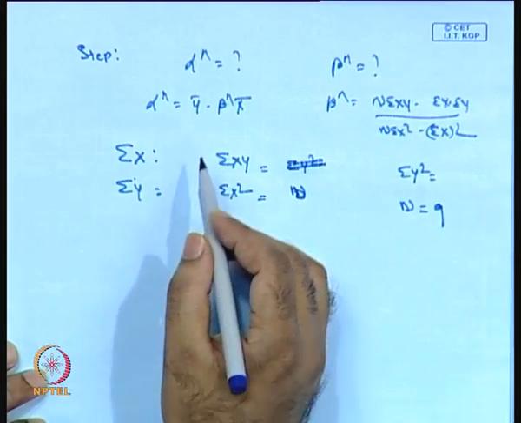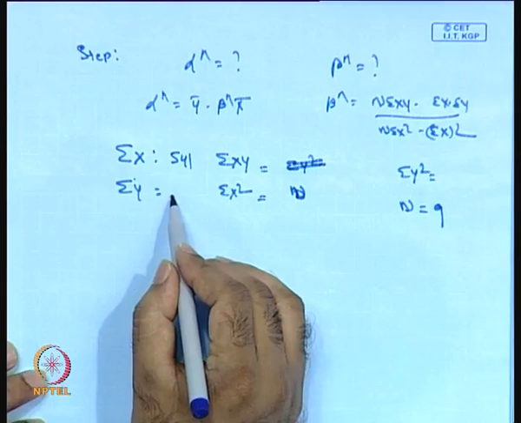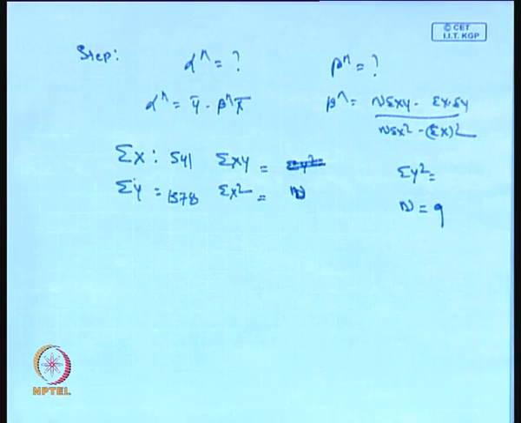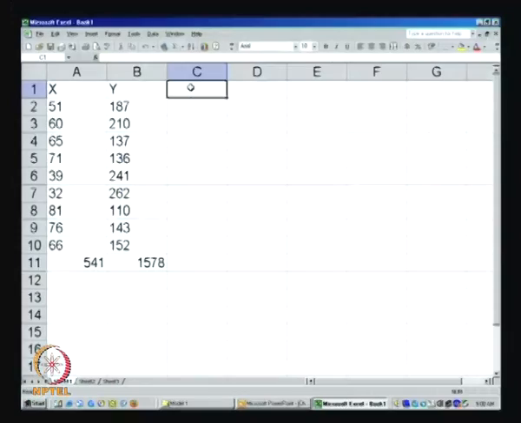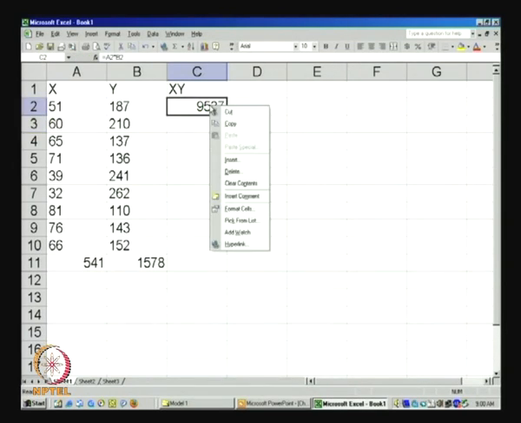Summation x equals 541 here, summation y is 1578, then summation x y. So what we have to do is calculate a series here, which is x y. This is nothing but this multiplied by this, and we get 9537.